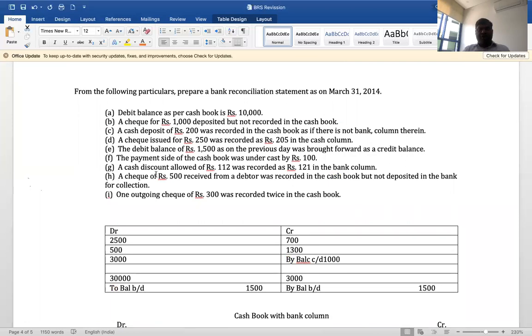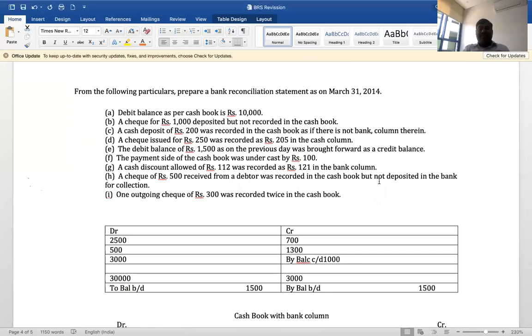A cheque of 500 received from a debtor was recorded in the cash book but not deposited in the bank for collection. You recorded it in the cash book. As a result, your cash book balance increases, but there is no entry in the passbook because it is not sent to the bank at all.